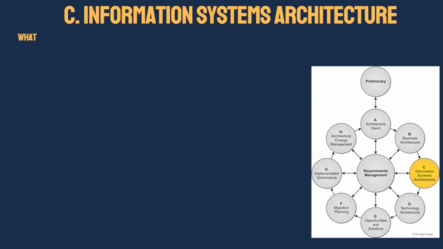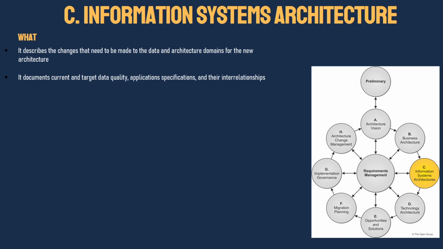Information systems architecture is all about describing the change that needs to be made to the data and application architecture domains for the new work we are doing. It documents current and target data quality, application specifications, and their interrelationships.